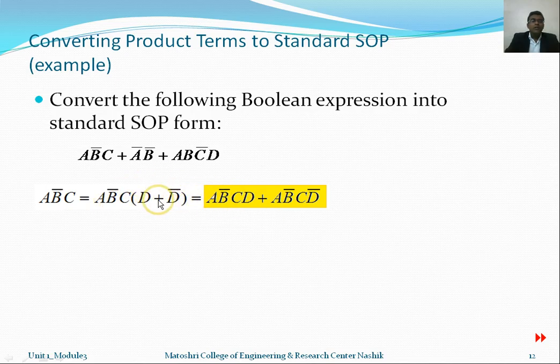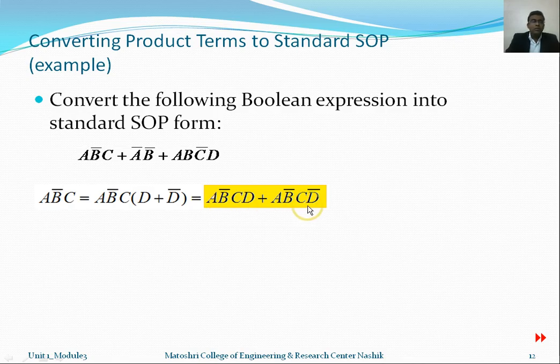In this case the A, B bar, C is split into 2 standard forms. Whenever you convert a product term into standard SOP form, each and every single missing variable is converted into 2 standard SOP terms.